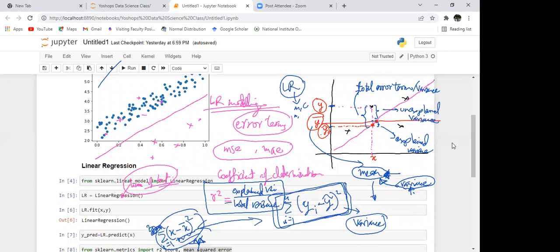Is everything covered? Yes. There is one more thing.